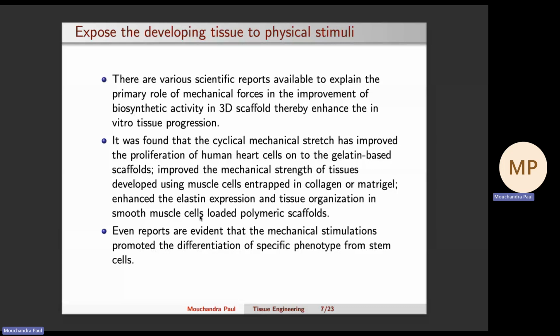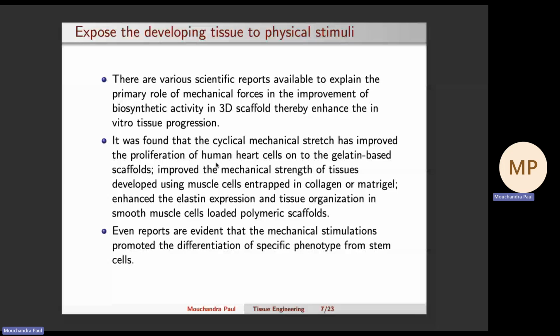So what I'm trying to say is that a simple physical stimulus like uniaxial stretching, when it is cyclically given to the scaffold containing the cells, the cells respond better, they grow better.